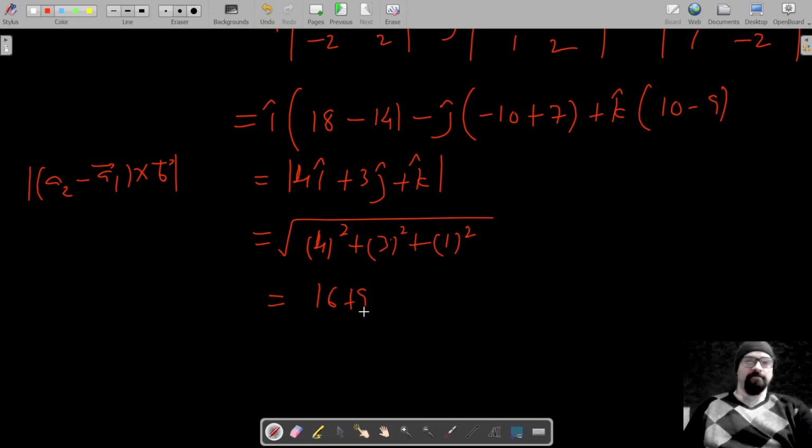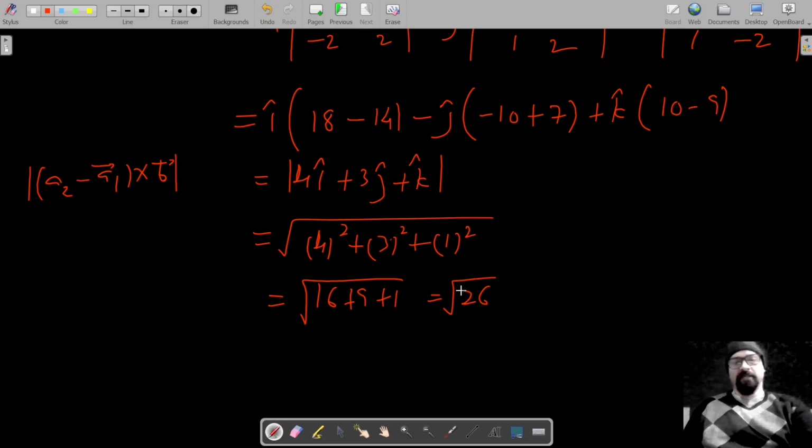So 16 plus 9 plus 1, which is equal to 26. Okay, this is under root 26.